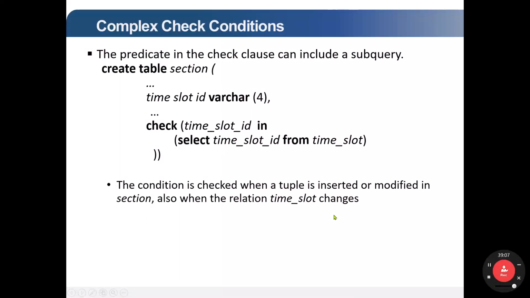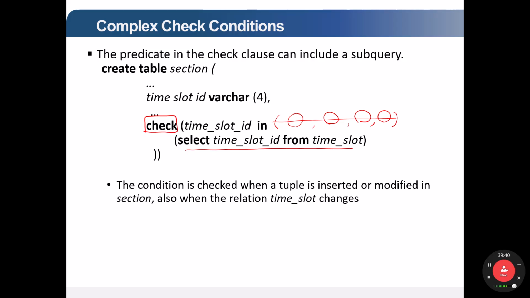Next, check constraint. This check constraint can have a nested query. So here, in the previous check constraint example, we used a static set with particular varchar type strings. But instead of specifying a static set, you can put a select query.